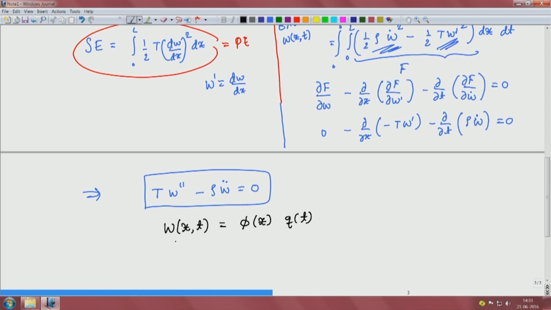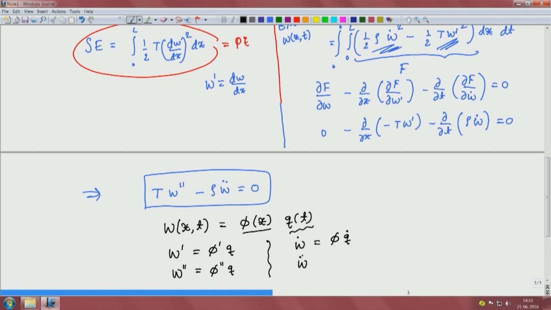If you do this, w prime will become φ prime q, because only this has x, this does not. Similarly, w double prime will be φ double prime q. Similarly, w dot will be φ q dot, because only q is a function of time.